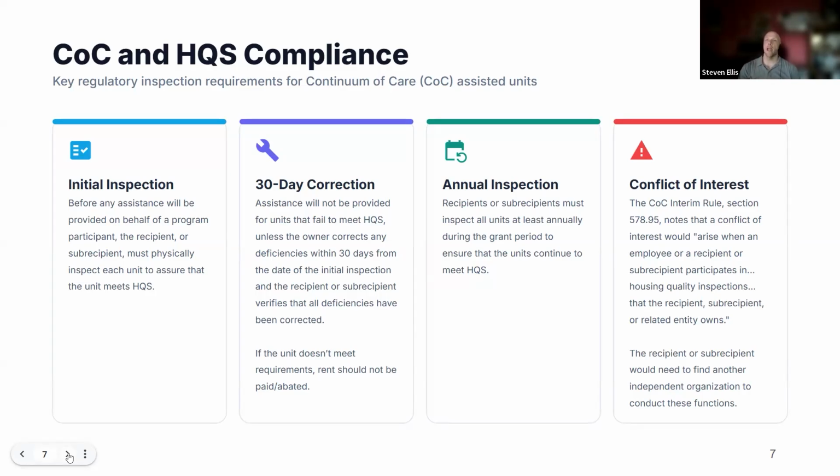And you must abate rent. And that means you also cannot go back and pay rent if that is corrected in the future. So once it's out of compliance, it remains out of compliance until fixed, and you cannot backdate or back pay that.